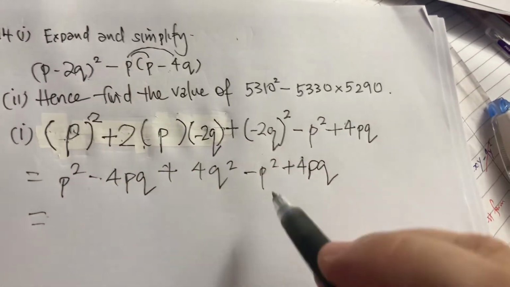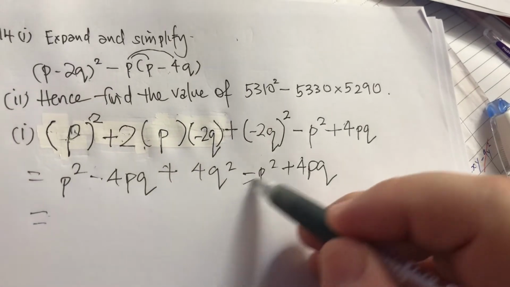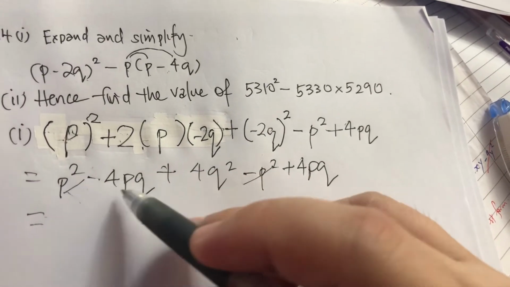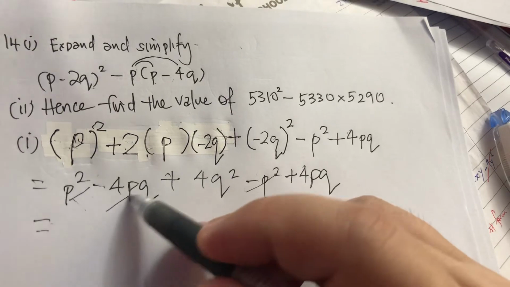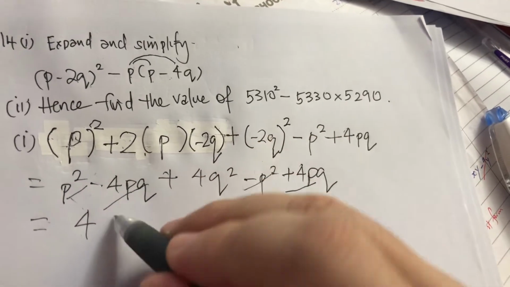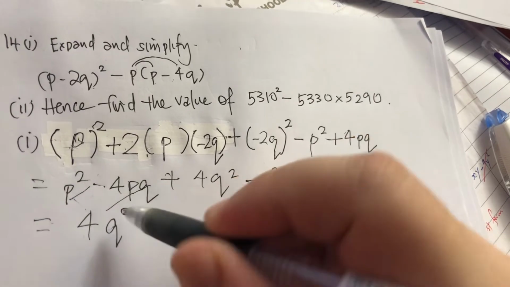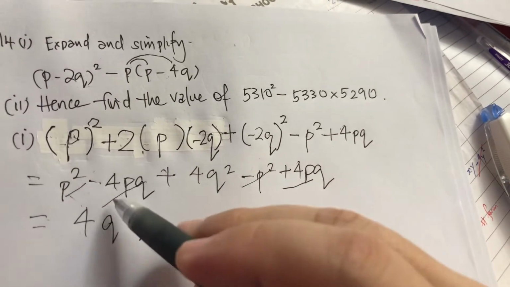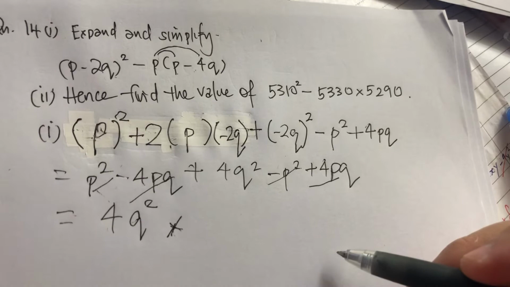Okay, and what I will end up with is this is gone, right? This is gone also. So I'll just end up with 4Q squared, a very simple expression. That's the answer for part A, or part 1.